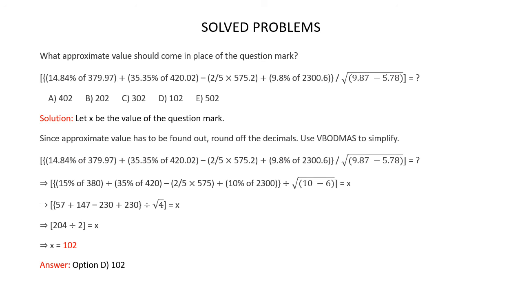Solve that. 204 divided by 2 is 102. So 102 is equal to x. So the value of x is 102, and 102 is the approximate value that should come in place of the question mark in the given equation. So the correct answer is option D, 102.